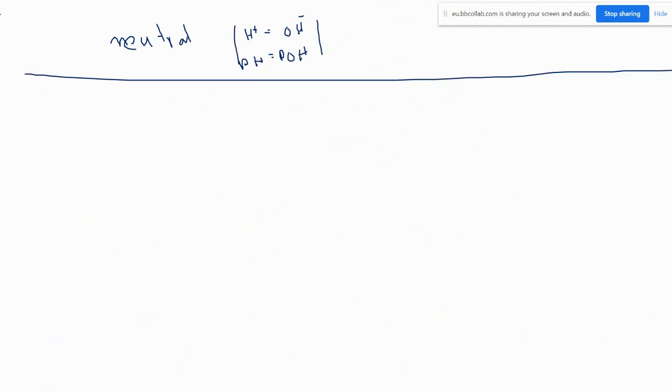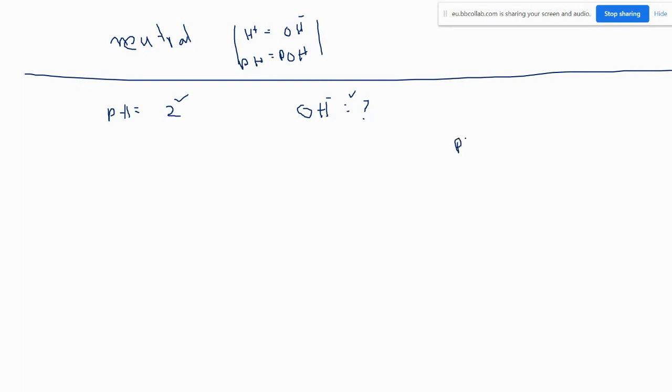Now we have another question. If the pH of a solution is equal to 2, how much OH negative do we have here? pH is equal to 2, OH negative will be how much? Let's see.